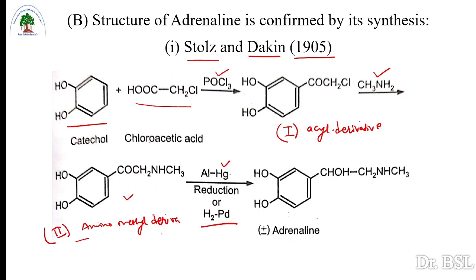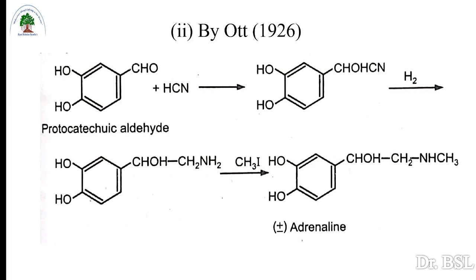Either we can use AlHg or H2/Pd, and we get the final product as adrenaline. So 1, 2, 3, 4: at the first position CHOH CH2 NHCH3, and at the third and fourth positions OH groups are there.